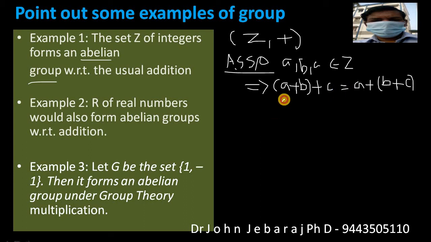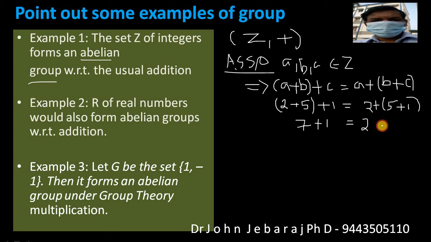Take for example 2, 5, 1. Associating 2 plus 5 first gives 7, then plus 1. On the other side, associating the last two elements, 5 plus 1, gives 6, and then 2 plus 6.